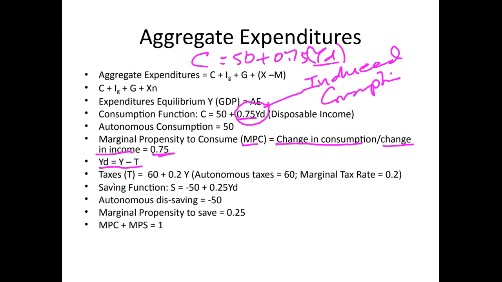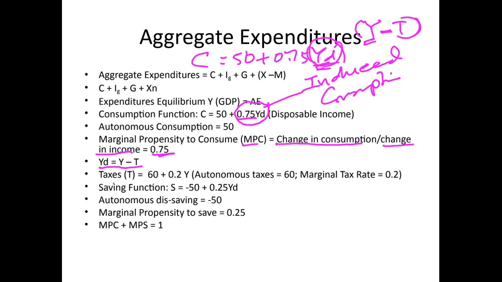Y is total GDP for the whole country, and then you subtract all taxes. That is basically disposable income. But we are interested in this capital Y, not YD. So I have to convert this YD into Y. So instead of YD, I can write Y minus T. Therefore, I should know what T is.